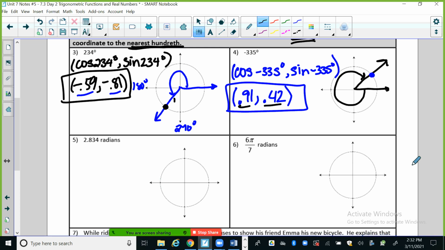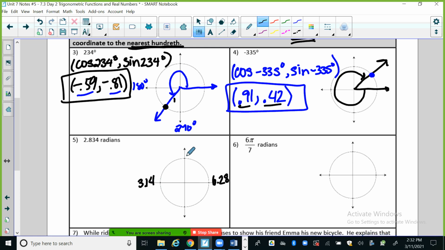All right, so number 5, 2.834 radians. I know a full circle's 2 pi radians, which is about 6.28 radians. A half a circle is 1 pi radians, which is about 3.14 radians.